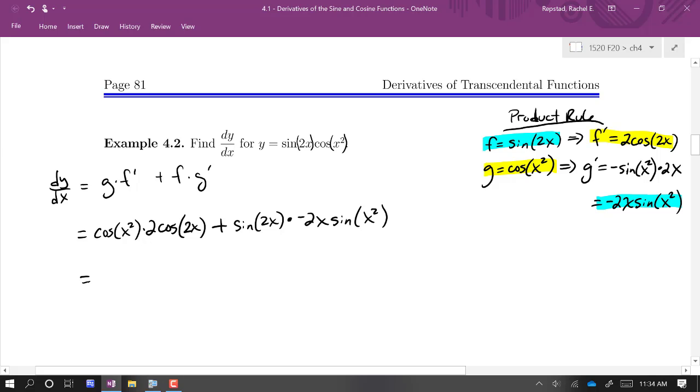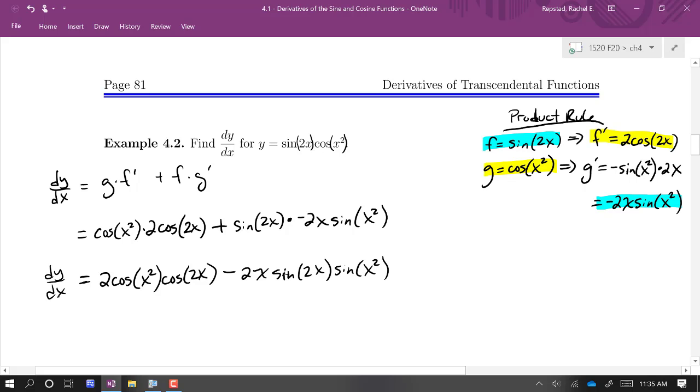Now I'm going to clean this up a little bit, putting constant factors in front as coefficients. So 2 cosine x squared cosine 2x minus 2x sine 2x sine x squared. And there's our expression for dy dx.